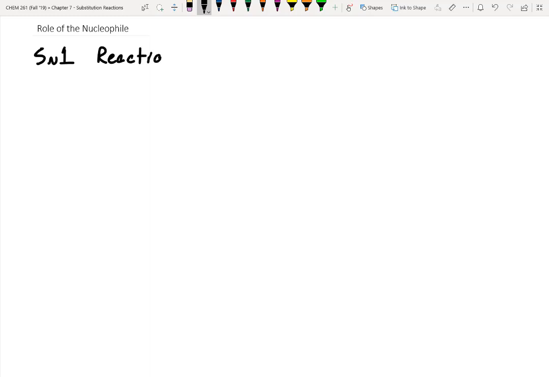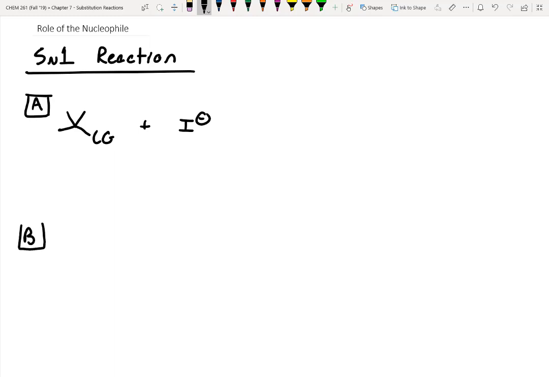So let's again start with the SN1 reaction. Let's do A up here. We'll do leaving group plus iodide as our nucleophile, versus the same starting material, but let's do bromide as our nucleophile here.